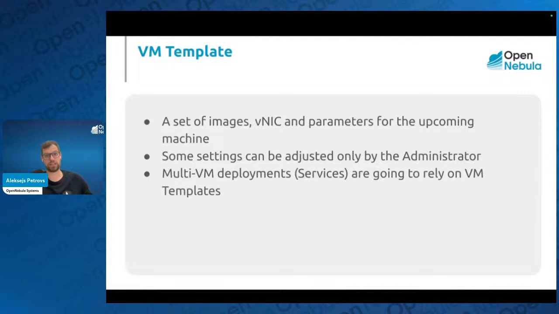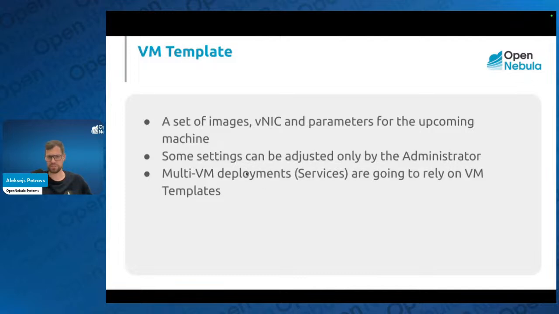For example, a user deploying a virtual machine out of the box by default may change the memory. Let's say your virtual machine template is configured to have 2 gigs of memory. The user may configure 4 gigs of memory. This can be adjusted, so you can actually revoke these permissions from the user, but that is a completely different story. Out of the box, just be aware of what the user can do.